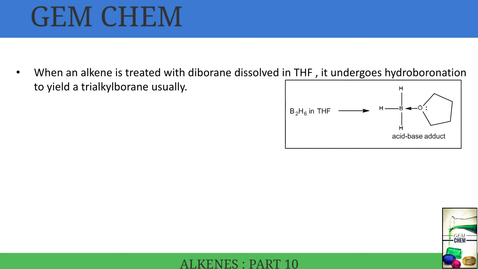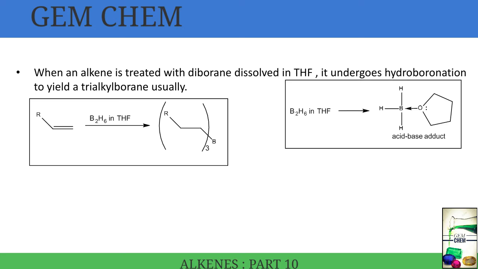Now the reaction is like this: if this is the alkene, then the boron gets attached to the terminal carbon and the other carbon is attached by a hydrogen. Boron has a valency of 3, so there are 3 alkene molecules attached to it. Hydroboronation involves addition of BH3 to the carbon-carbon double bond, because from this adduct we get only the BH3 moiety.